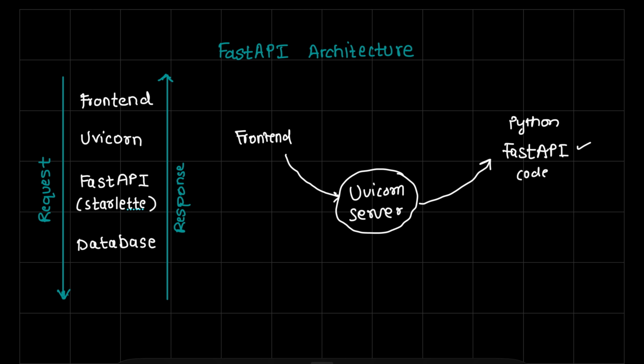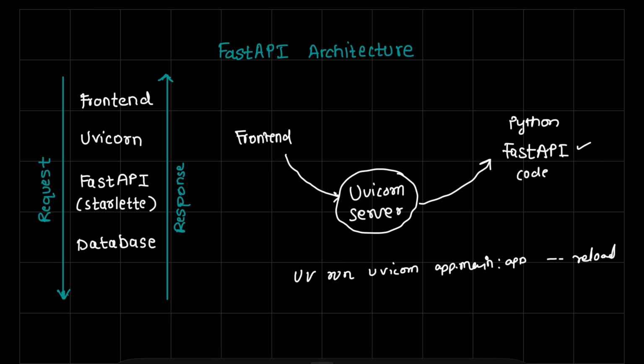You might have seen this command, uvicorn, followed by your main file, and we reload it, right? As soon as this command is executed, Uvicorn opens a network socket. It creates the network socket and binds it to a specific port.